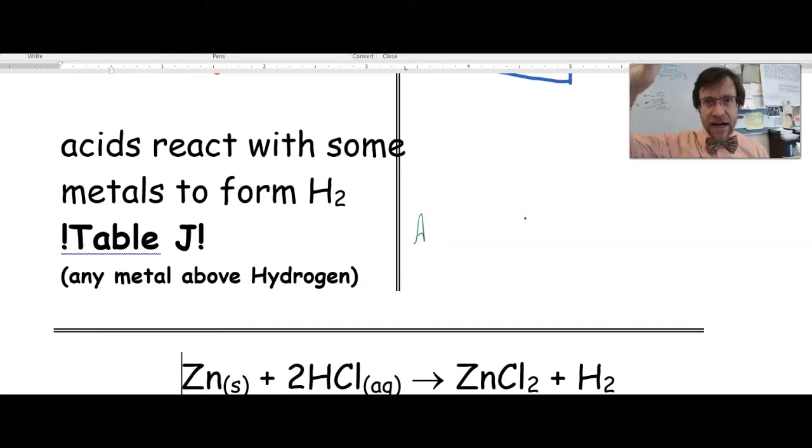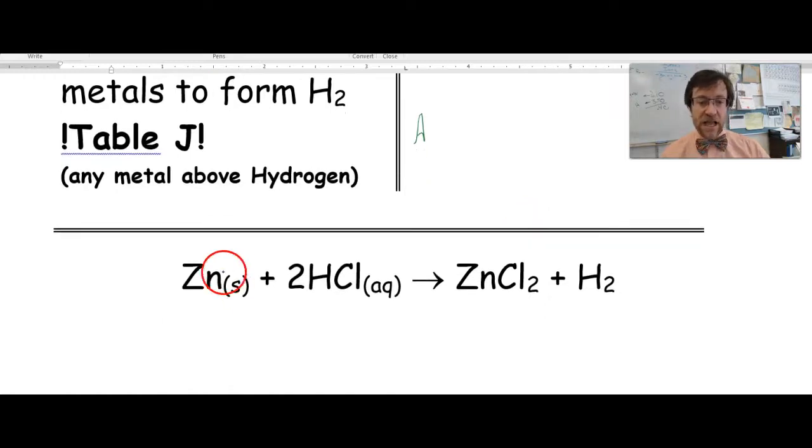Any metal above hydrogen is going to react with an acid and form hydrogen gas, and this is kind of what it looks like. So zinc is definitely above hydrogen. If you put it into an acid, basically what happens is you have hydrogen ions and you have chloride ions.